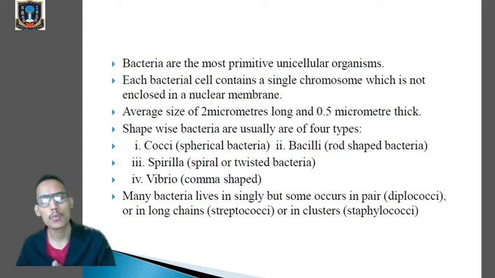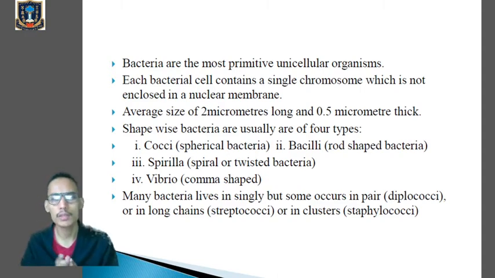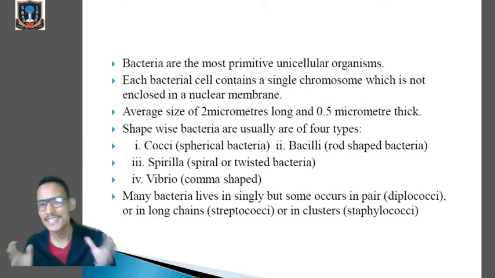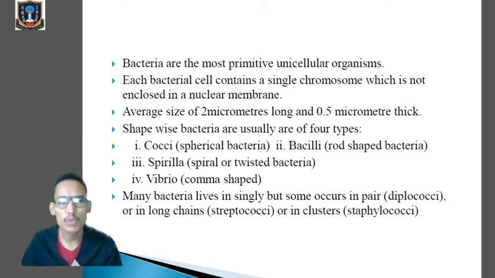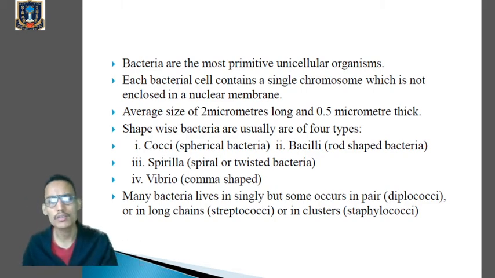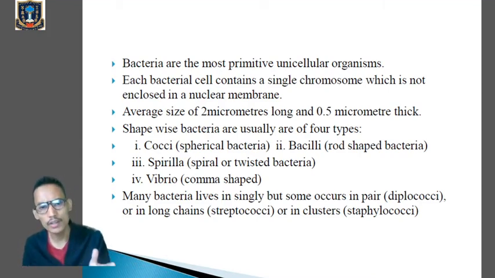Eukaryotes have a well-defined nucleus, meaning that the nucleus is covered by the nuclear membrane, and our genetic material, that is DNA, is within the nucleus. Clear? But in the case of bacteria, in the case of prokaryotes, a well-defined nucleus is not present. That means the nucleus is without the nuclear membrane.